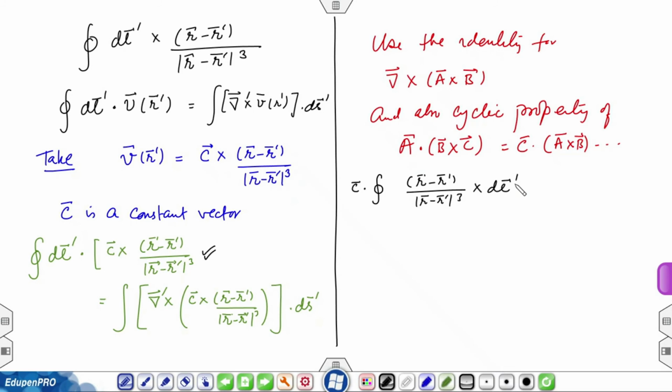C comes out because it is a constant vector. So, this will be the left hand side, and the right hand side will come out to be minus C dot grad of omega, right hand side.